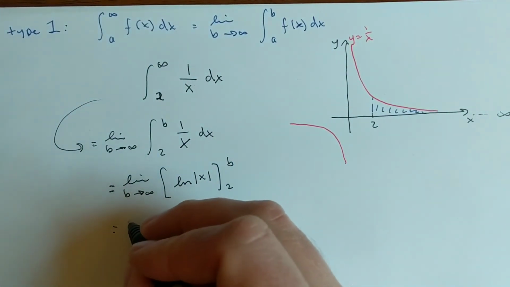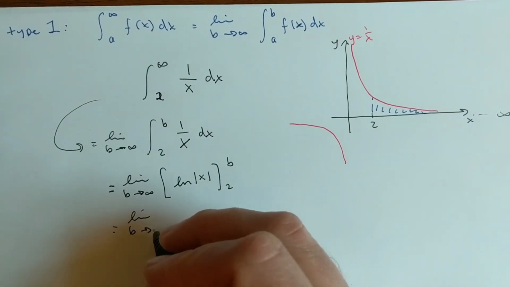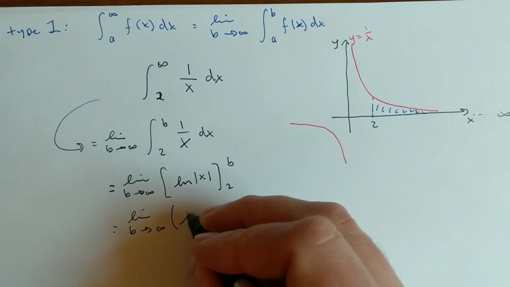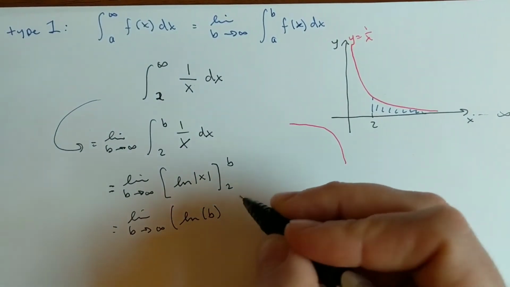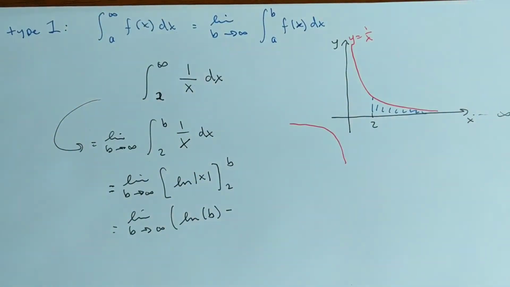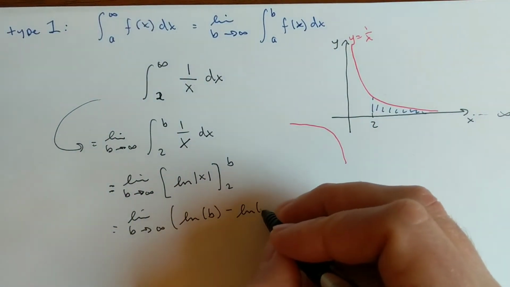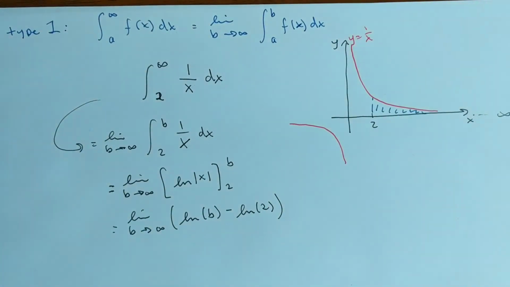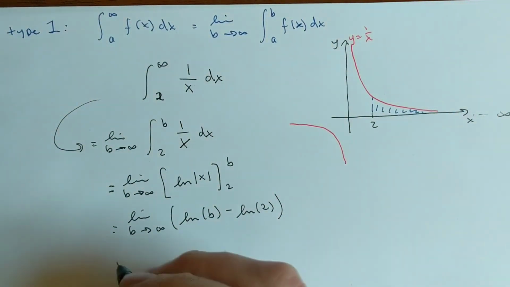Now plug the values in: natural log of b, and we know b is positive so we don't need to worry about the absolute value, minus the natural log of 2, and 2 is also positive.